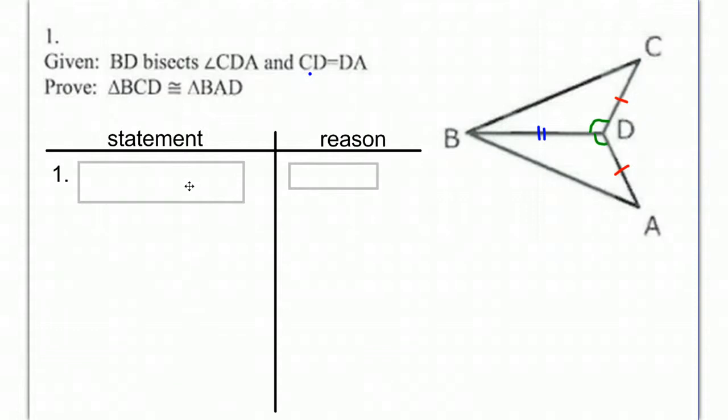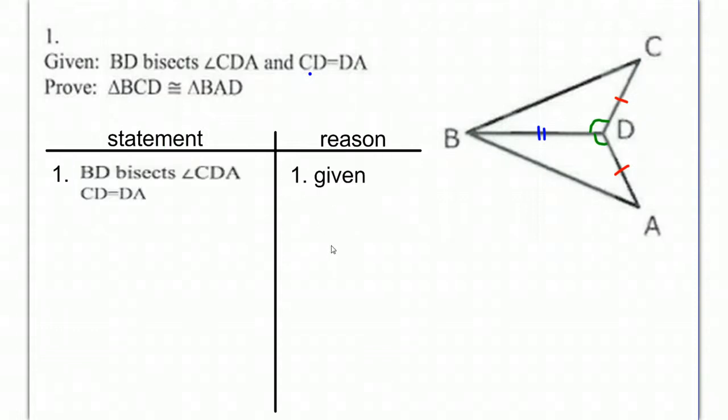So to solve it, first thing we do is we take our given and we write it down. BD bisects CDA, and CD is equal to DA. Next thing I'm going to do is take my two angles here, and I'm going to say they are equal to each other. I have angle CDB, so 2 here.